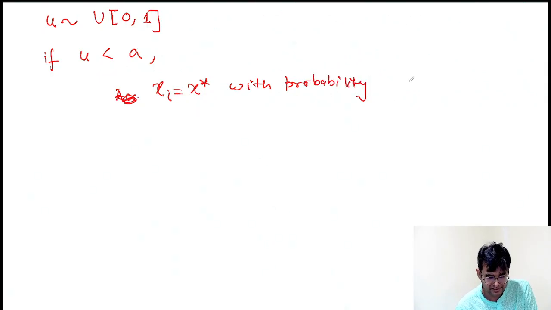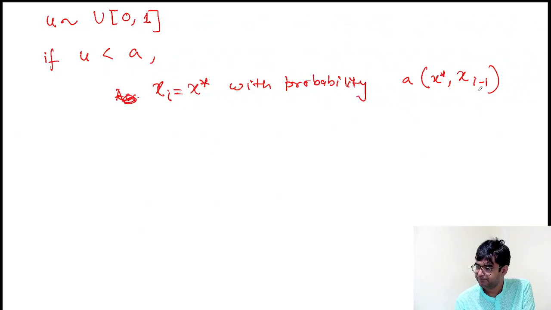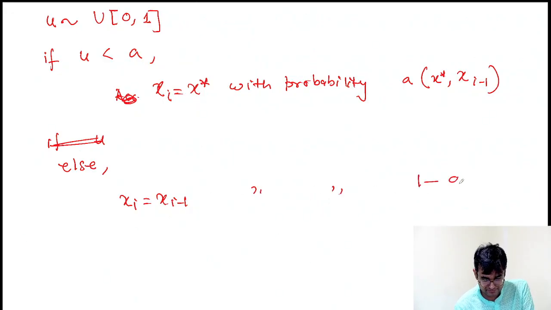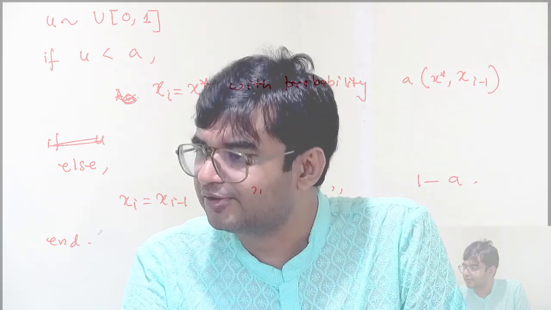And else, you do not reject, I told you, xi will be equal to xi minus 1 with probability 1 minus a. This is the Metropolis-Hastings algorithm.